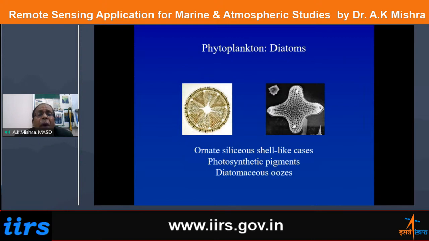So these phytoplanktons in the ocean environment, they live for around 24 hours, and when they die, they settle down to the ocean bottom, and they form the diatomaceous ooze.